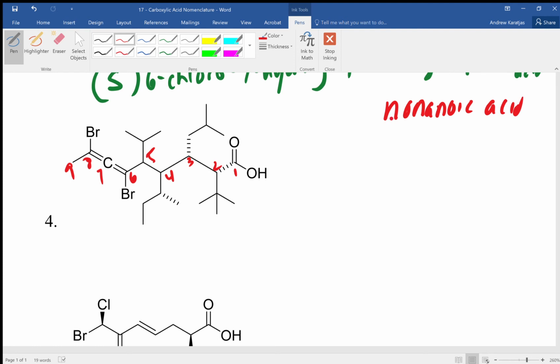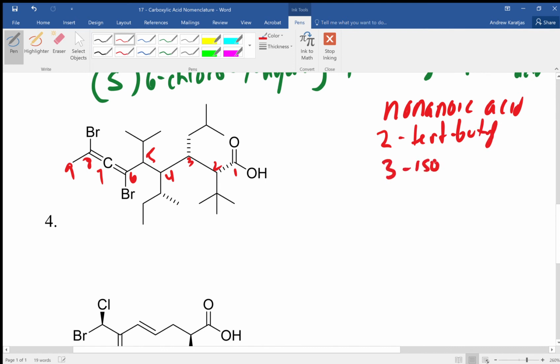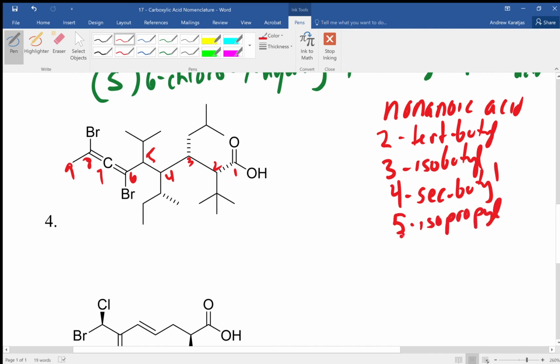And I'm just going to list the substituents out here because there are a lot of them. 2-tert-butyl, 3-isobutyl, 4-sec-butyl, 5-isopropyl, and 6 and 7 have bromines.